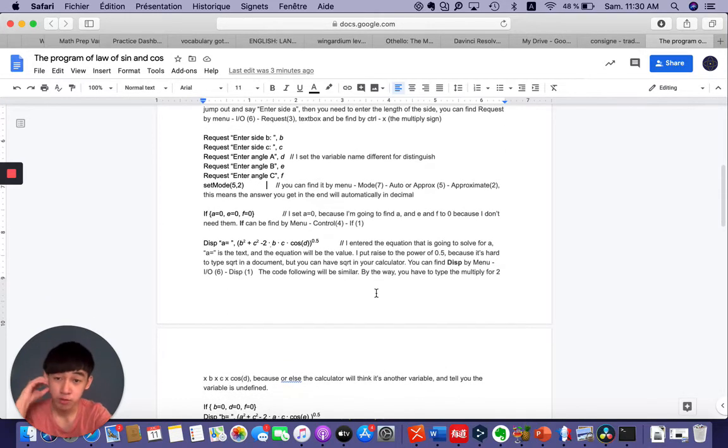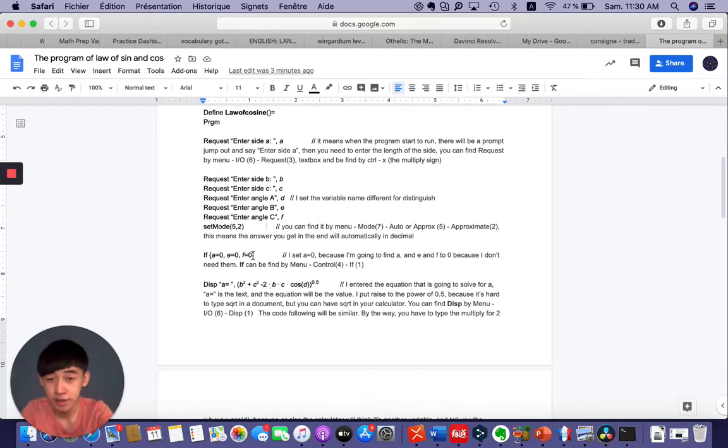Then we come to the main part of our function. Here is the if clause. If a equals 0, and e equals 0, and f equals 0, and you need to be aware of the parentheses here.